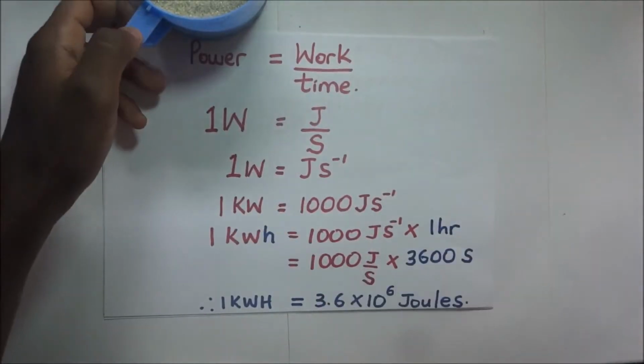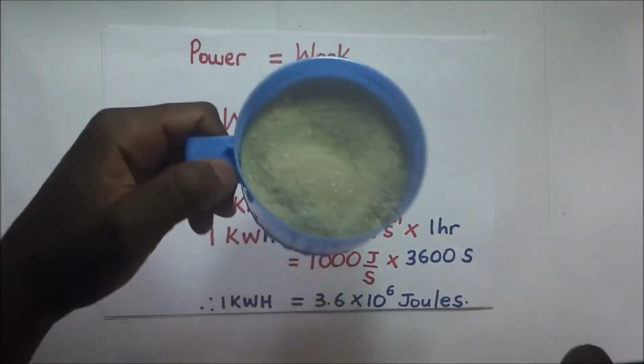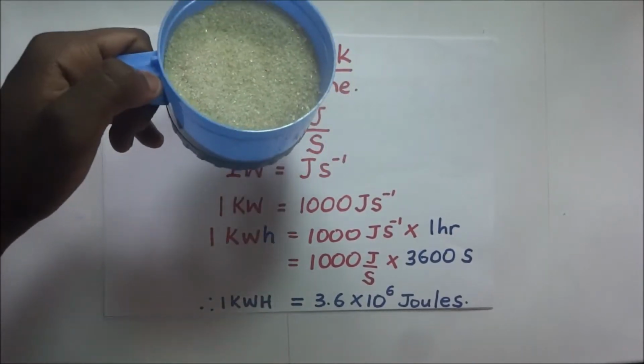So definitely the convenient choice would be for me to use this cup, because with this cup I will be able to give out too much sugar within a very short time.